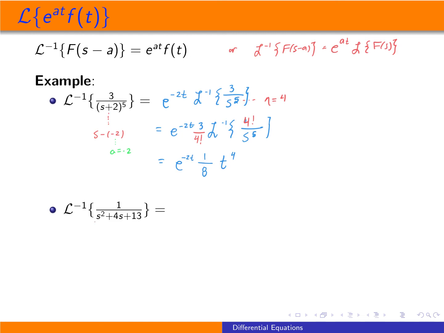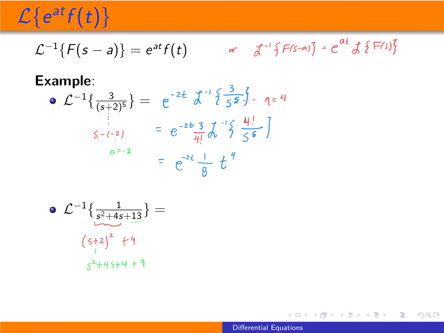Instead, what I'm going to observe is if I look at this s squared plus 4s, that would really be the first 2 terms of s plus 2 quantity squared. But note, s plus 2 quantity squared would be s squared plus 4s plus 4. We have a plus 13, so I need another 9 to go with that 4.